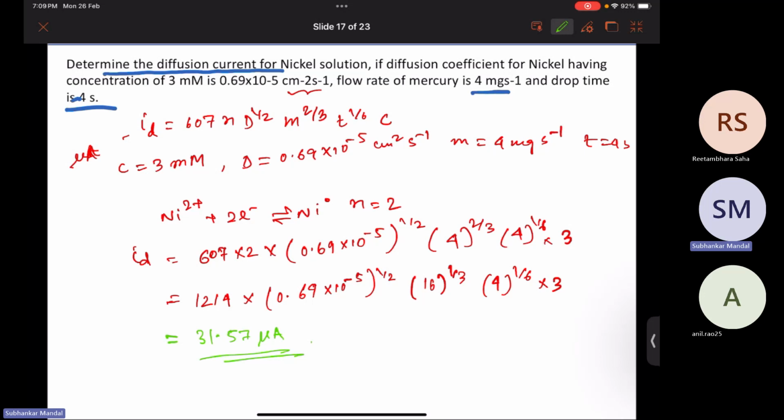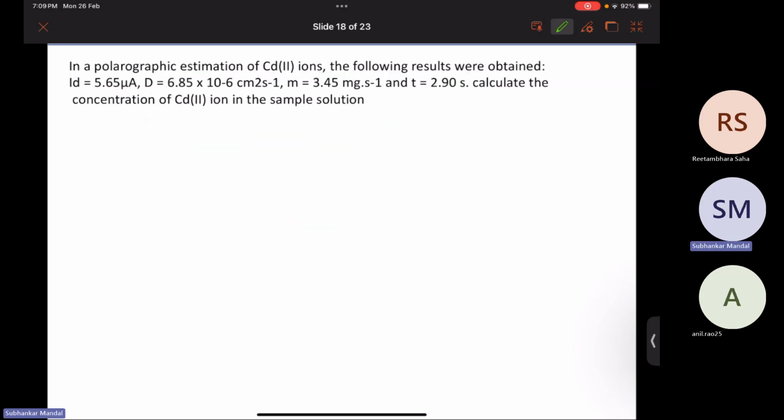So people also can calculate how much it is coming. So you can go to the next problem.